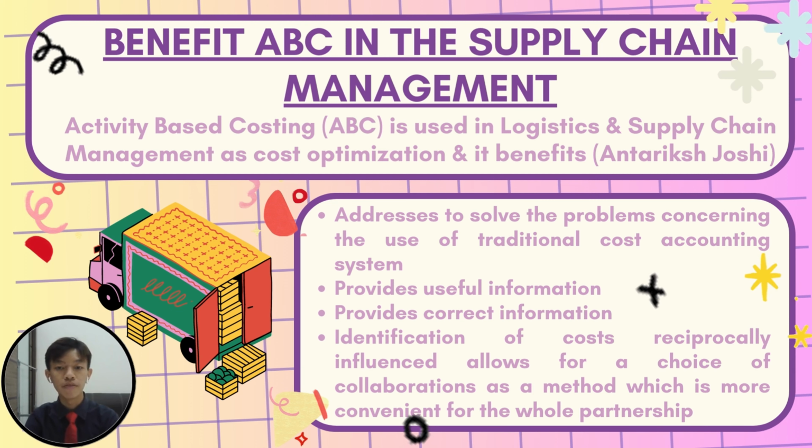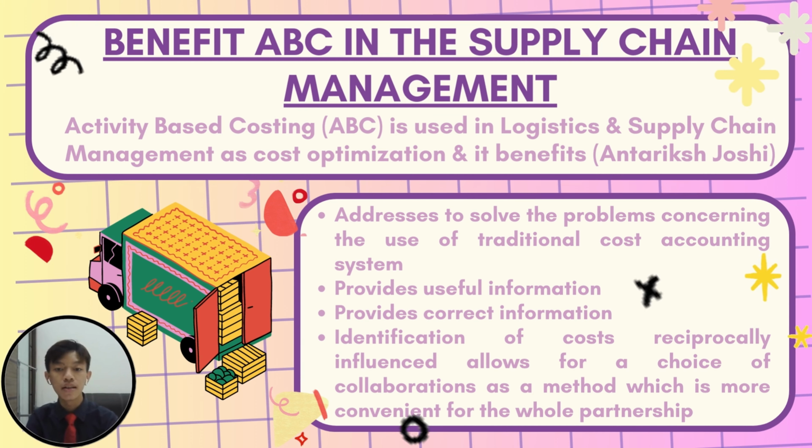One of the main benefits of ABC is the provision of useful and correct information. By using this methodology, we can gain an accurate understanding of the exact cost of producing a product or delivering a service. With this information, we can plan and strategize more effectively to optimize our costs, which can result in significant savings for the entire supply chain.